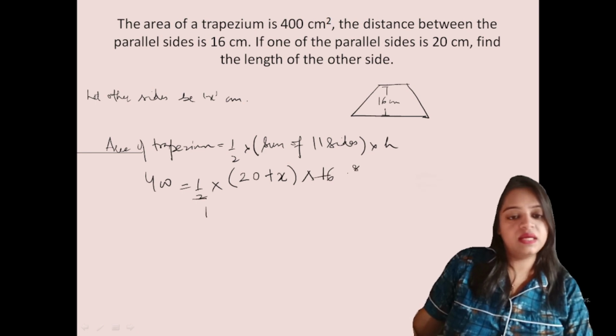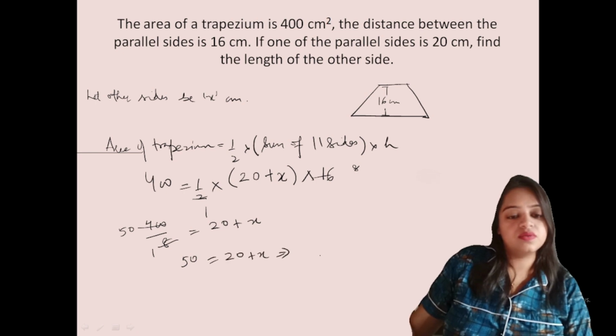Okay, and this 8 was multiplied on the right side, on shifting it to the left side it will be divided. This is 20 plus x. In the table of 8 it cancels out. So this is 50 equals 20 plus x. So x is what? 50 minus 20. x is 30 centimeter. It means the length of the other side is 30 centimeter.